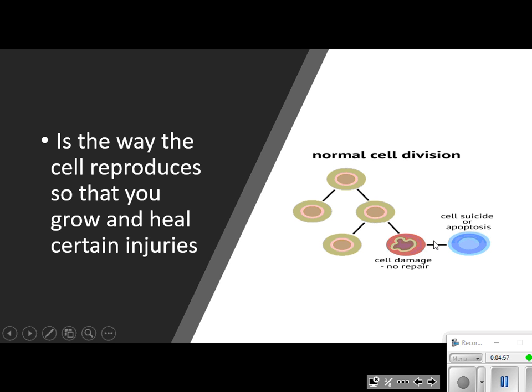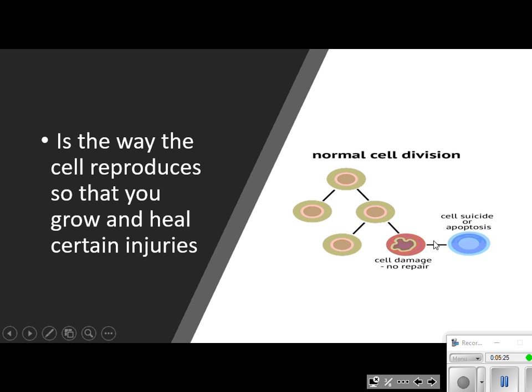So do we have cells in our bodies that die and no longer work? Absolutely. Our bodies can even recycle certain parts. Our body's got certain parts whose job is to look and say, hey, this cell is bad, but this mitochondria is still good. Can we use it on another cell somewhere else?